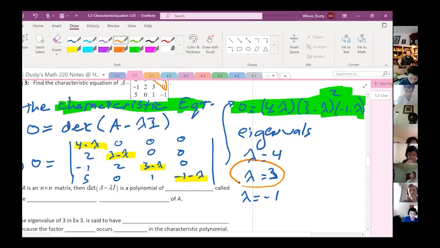What's special in the characteristic equation around lambda equals 3? So from Gerald, it's happening 2 times. From Felix, you've got a multiplicity of 2. And so I want to point out that you have that power of 2, and so we would say that our algebraic multiplicity is 2.